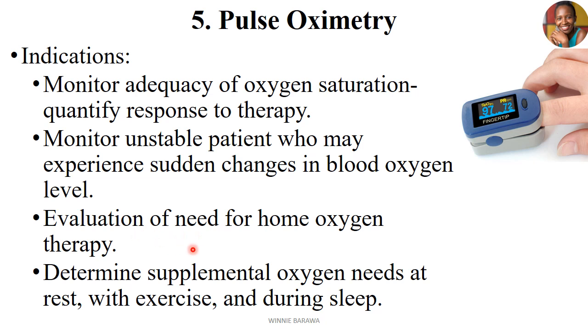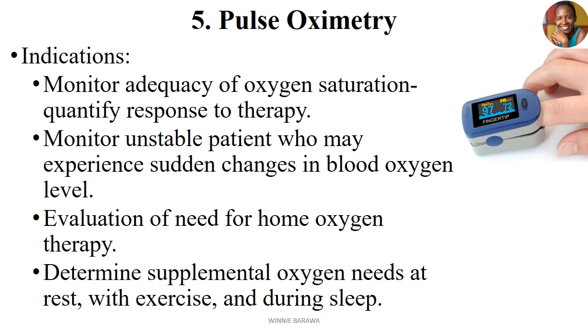If you have a client, let's say from the intensive care unit, and you're looking at discharge home, you can evaluate if they might need to take oxygen with them for management while they're still at home. You can also use SpO2 or pulse oximetry to determine any need for supplemental oxygen where a client is at rest, doing exercises, or during sleep.